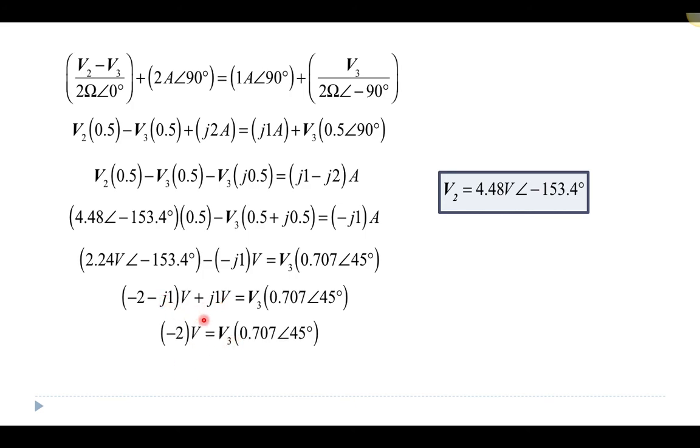It turns out that the two imaginary pieces cancel, and I'm just left with minus 2 volts equals V3 multiplied by my polar form.